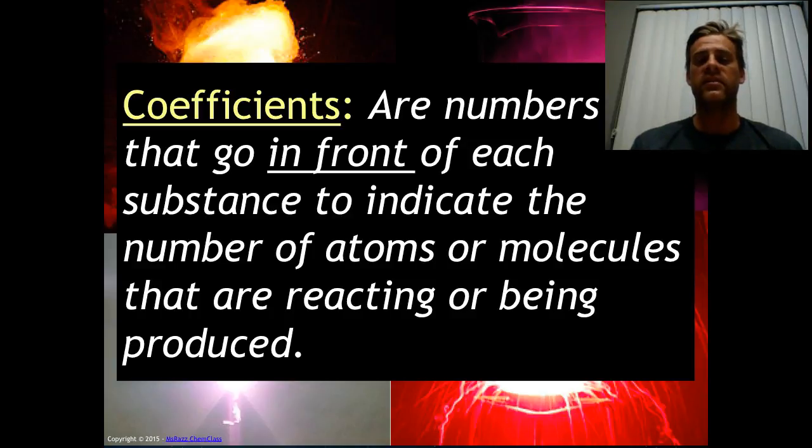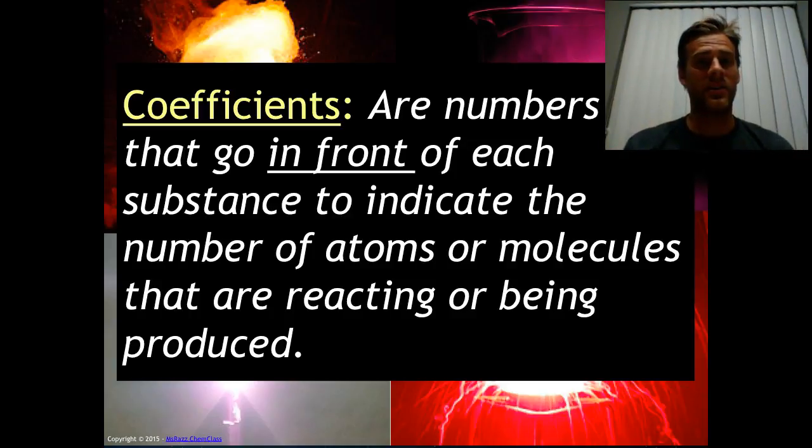And what they do is they indicate how many atoms or molecules. And essentially, when we look at a chemical equation, it's very easy to look at it and go, oh yeah, it's one atom of this or one molecule of that. And we often, as chemistry teachers, say a molecule of this plus an atom of that. But of course, you can imagine, in a lab, do you think we're really reacting one atom or one molecule? Of course not. We're reacting trillions.